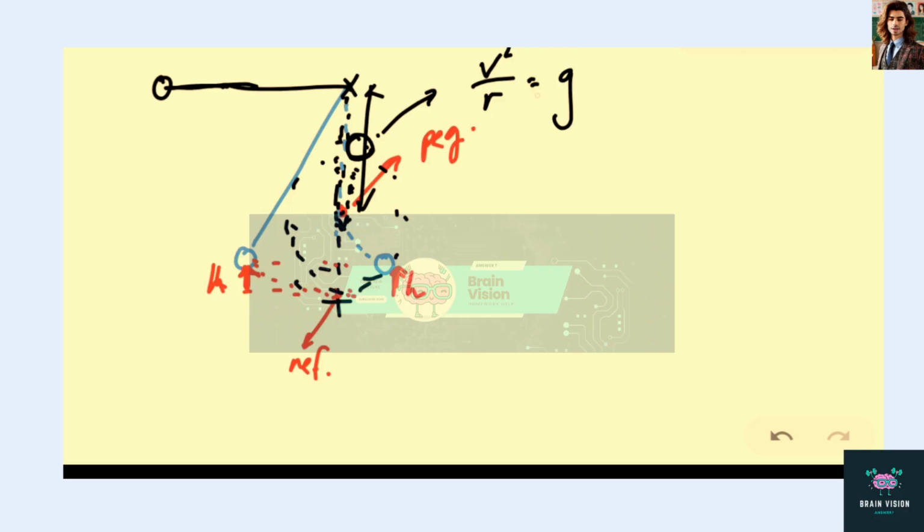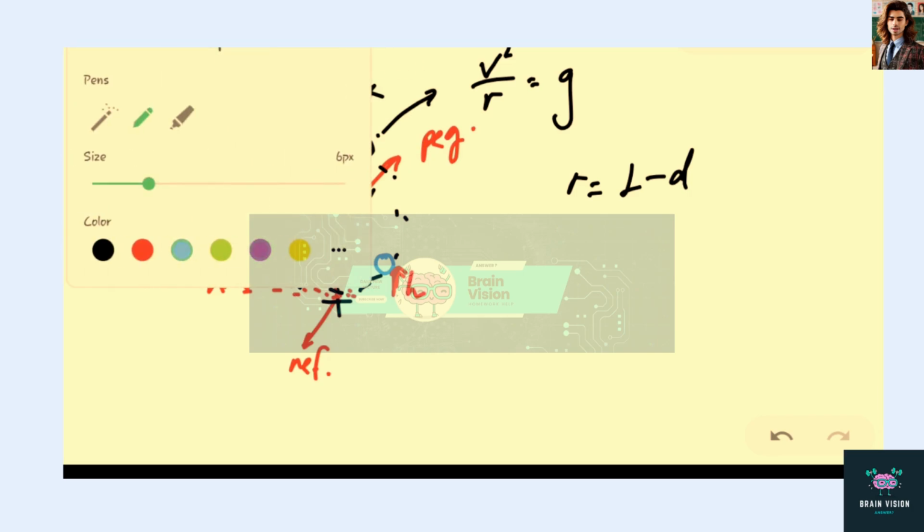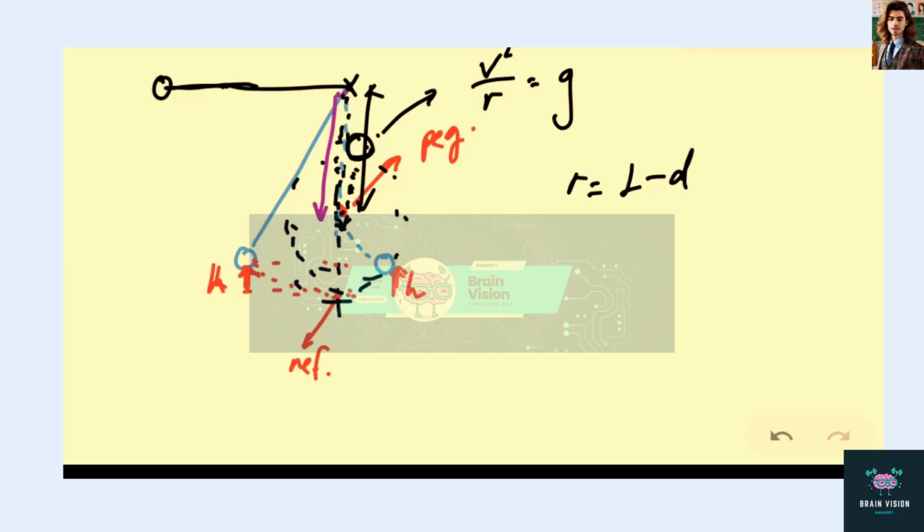Now r, the radius of this circle, is equal to L minus d, where L is the total length and d is the length between the axis and the peg. This is d, what we want to find, and r is equal to L minus d. Rearranging, we get v squared equal to g times (L minus d).